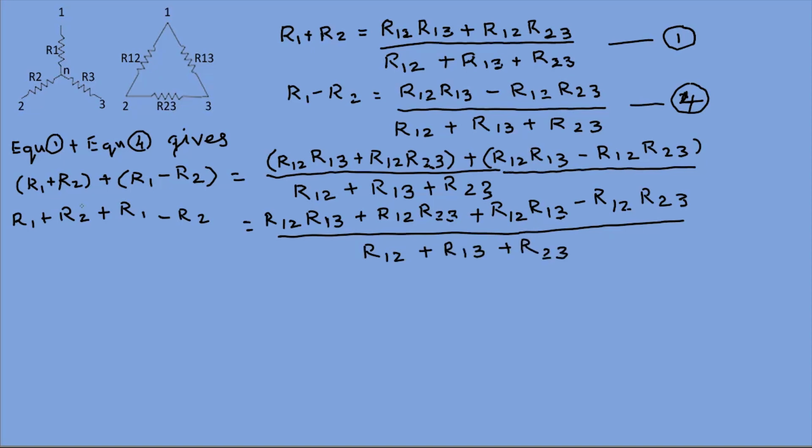We can cancel plus R2 and minus R2. Similarly, we can cancel plus R12 R23 and minus R12 R23. Then this equation becomes R1 plus R1, 2R1, and here R12 R13 plus R12 R13, that is 2 R12 R13.